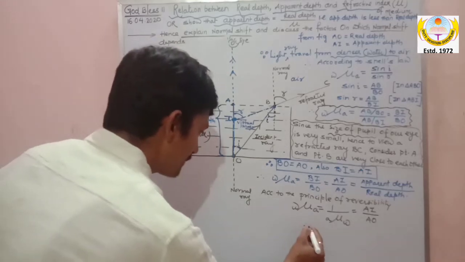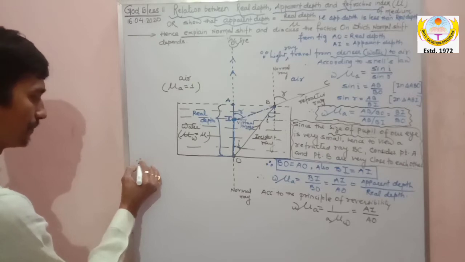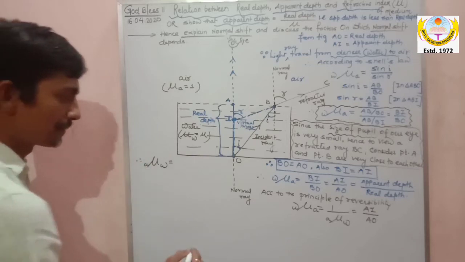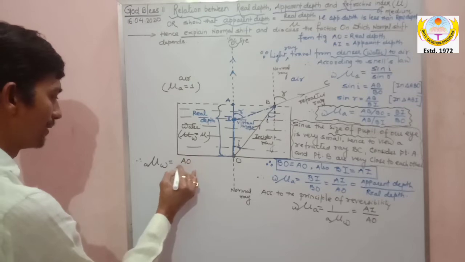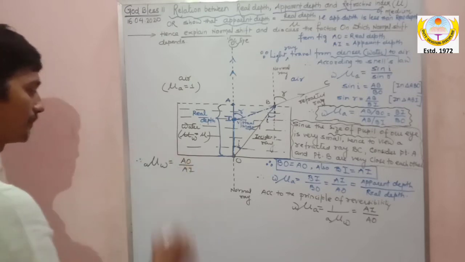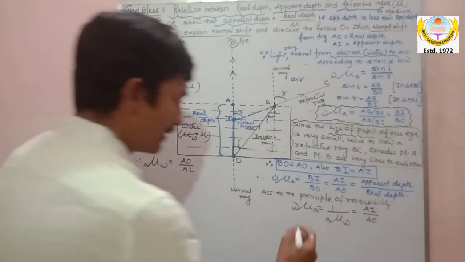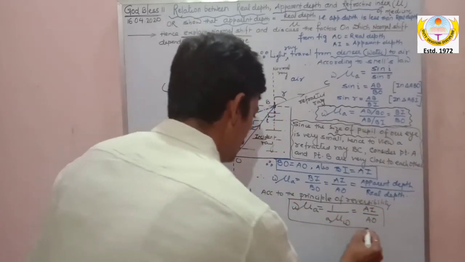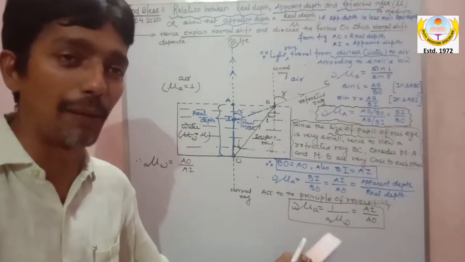Therefore, you can write here, mu of water with respect to air will be AO upon AI. I hope it is clear, because I am interested in mu of water with respect to air.